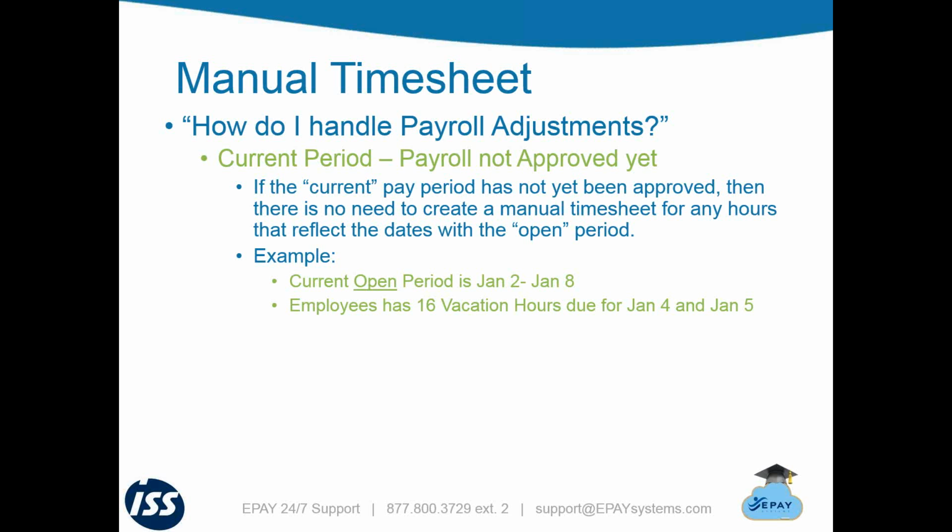If that was my active period, and the employee needs to be paid 16 vacation hours for time that was due on the 4th and 5th of January, then all you're going to do is go into the regular timesheet for the current period and include those 16 hours of vacation. Once again, there is no need to do a special manual timesheet for that scenario. You can go into the current period and make that adjustment.